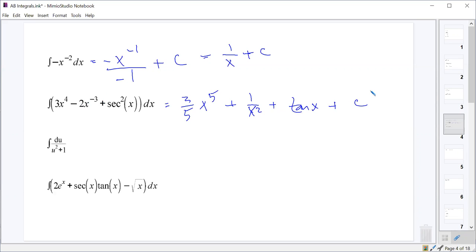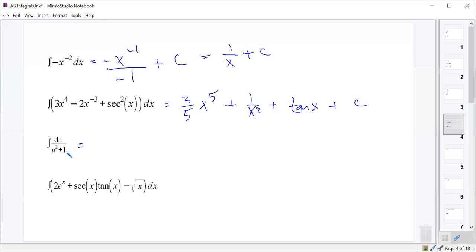All right, what about the next one? What's this one come out to be? That's a rule straight off of your integral sheet.